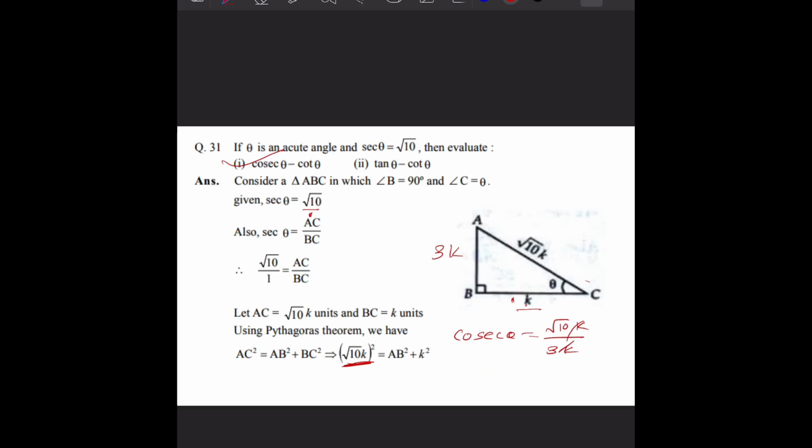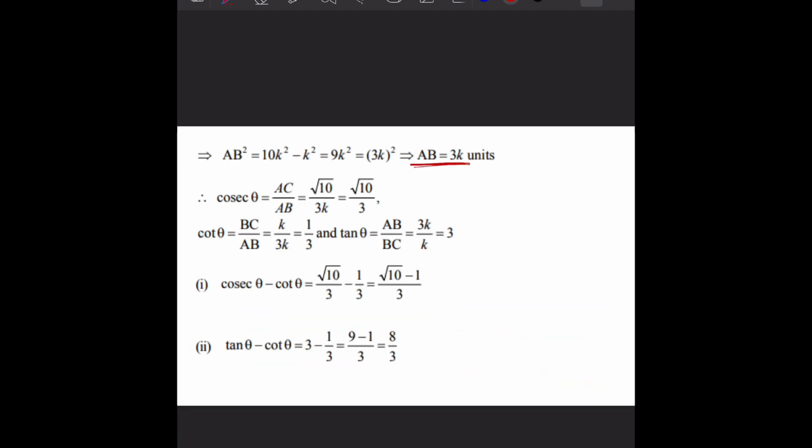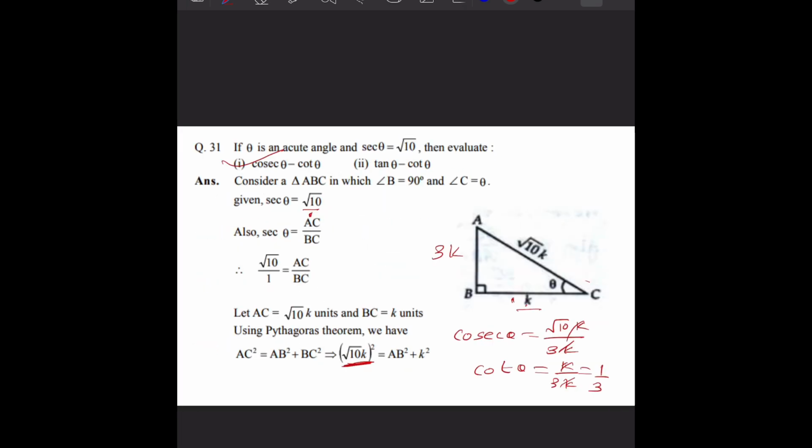What will be cot theta? Adjacent upon opposite. So let's check. This is root 10 by 3. This is 1 by 3.